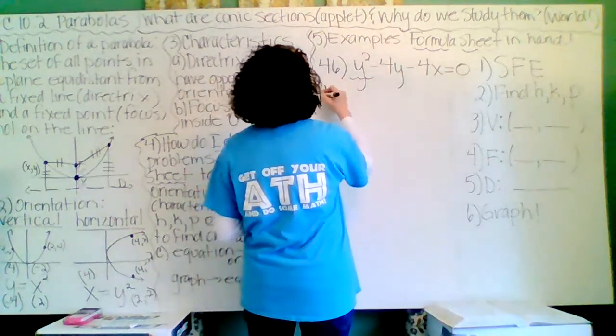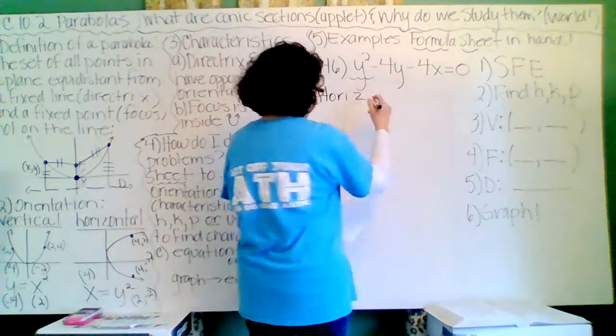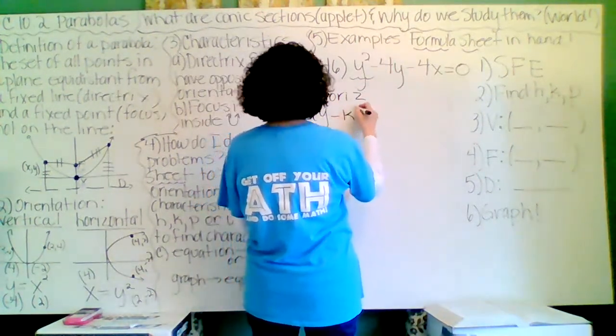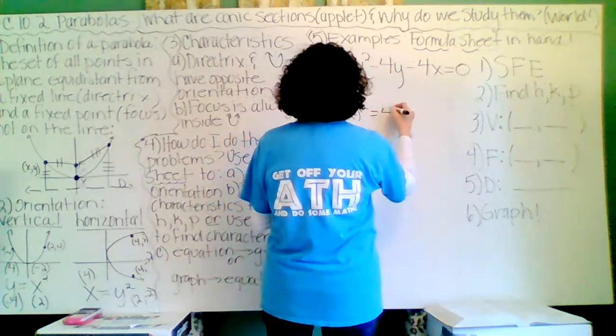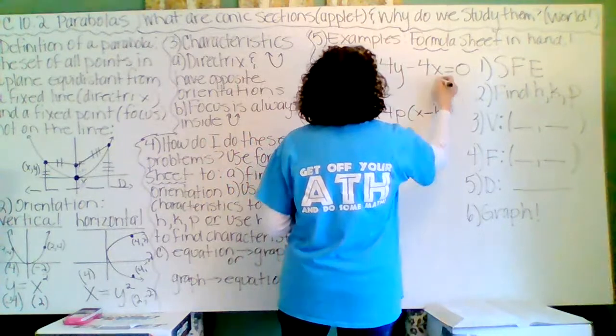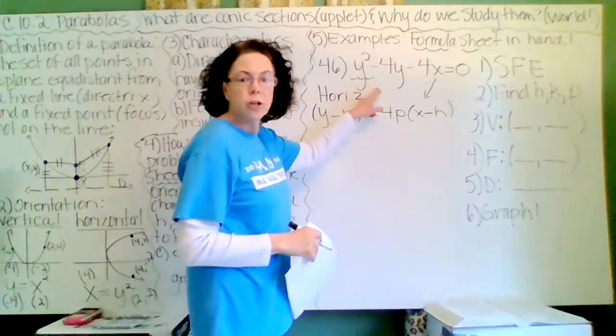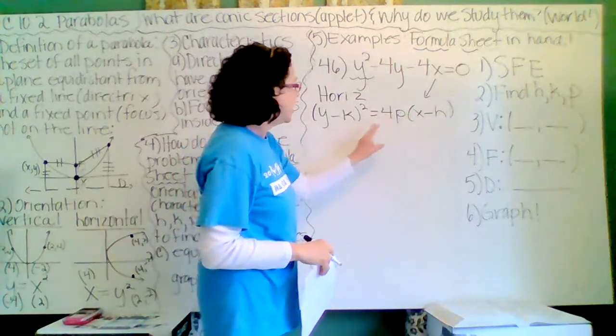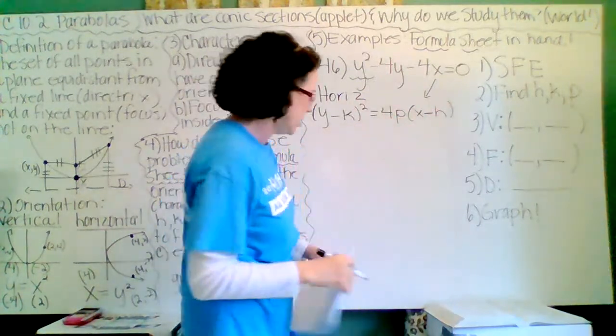So on my sheet, I will be writing y minus k squared equals 4p times x minus h. I need to write this equation of my parabola in this form so I can find h, k, and p and answer their question.